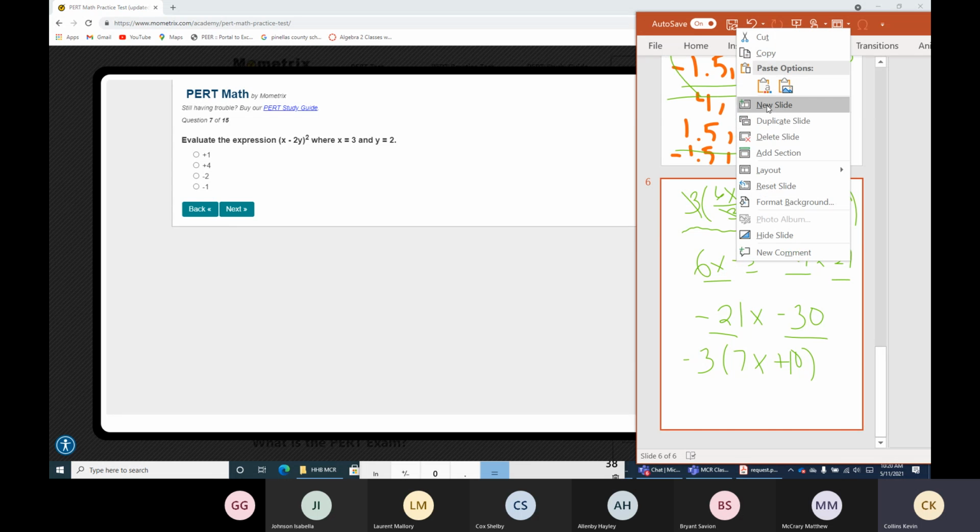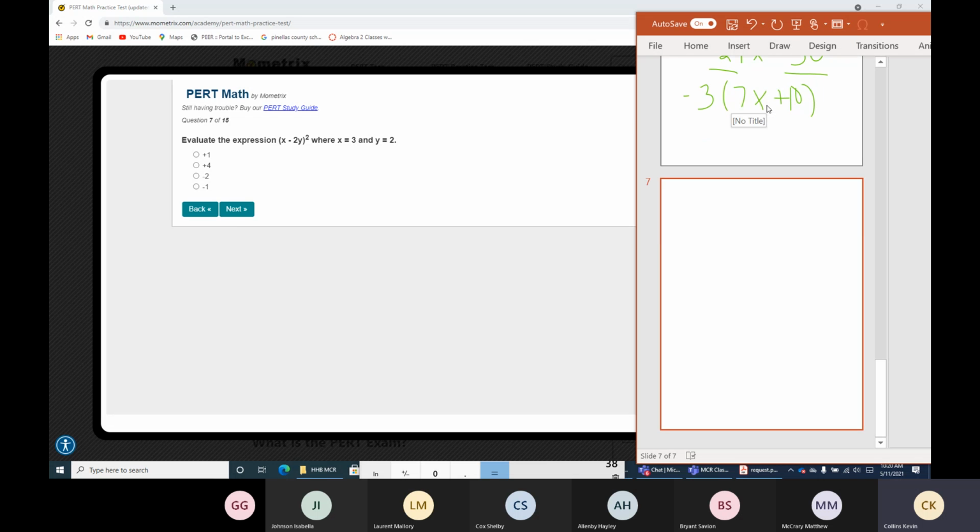So last one today. So we've got x minus 2y, and then that whole thing is squared, and they're telling us that x equals 3 and y equals 2. So we're just plugging in, right?